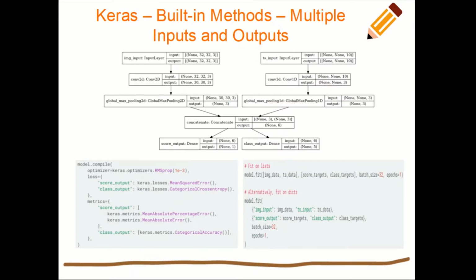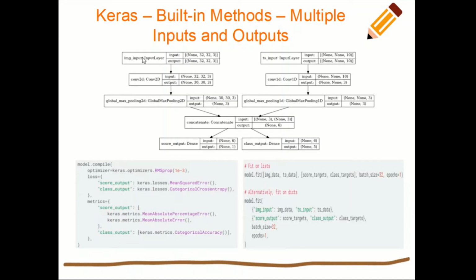Now, how do the built-in methods work with the functional API and with multiple inputs and outputs? So in this particular case, as you can see, there are multiple inputs and then there are multiple outputs also. So how do we give the multiple inputs? When we are doing model.fit, we can give it as a list of data.